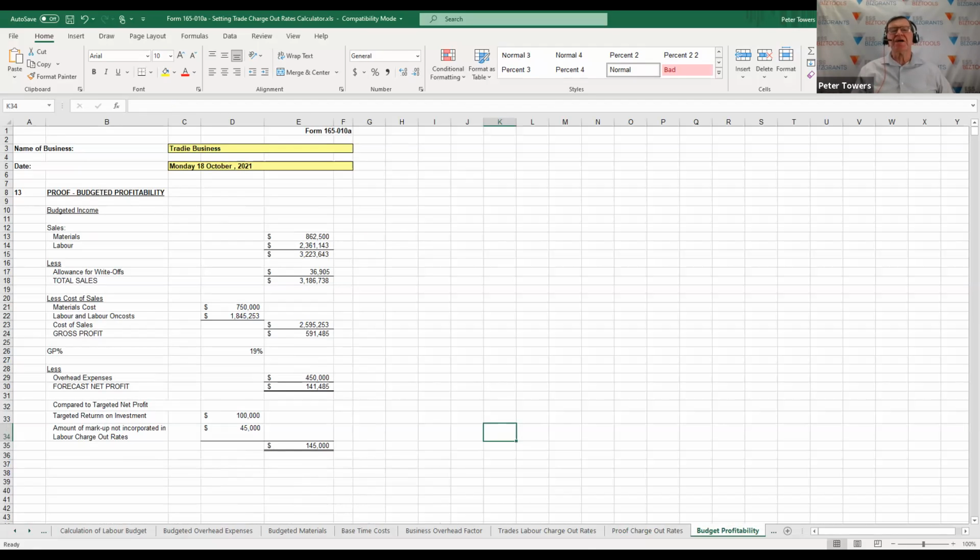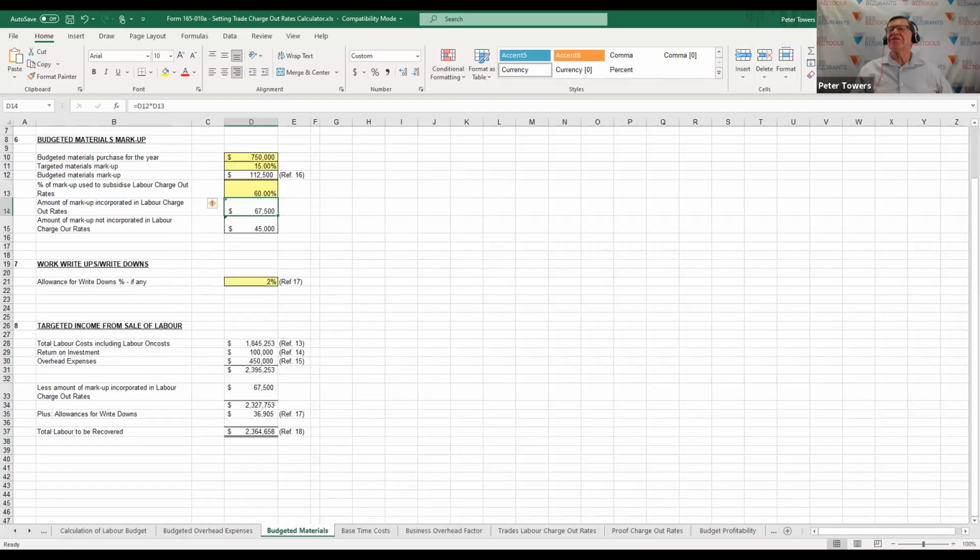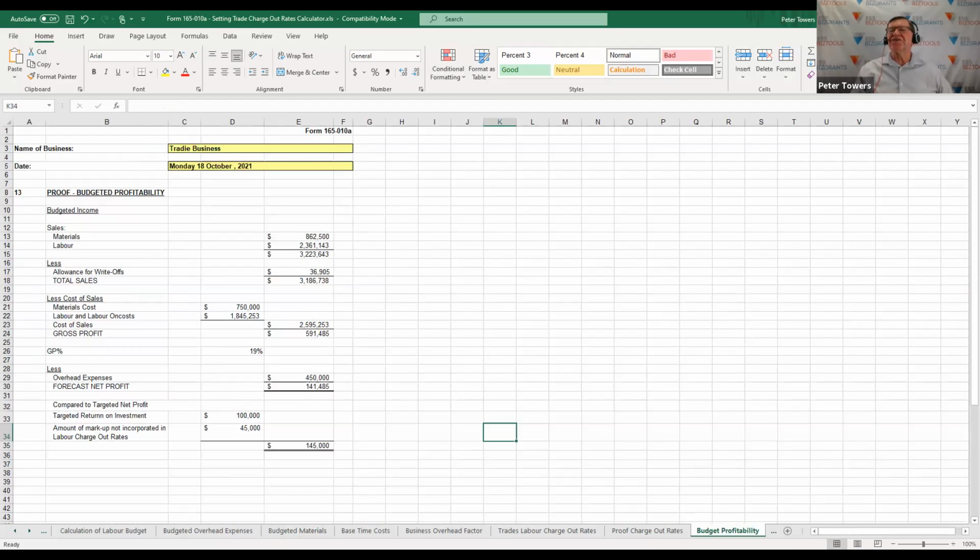Now the system will now produce the budgeted profitability. We've got sales of material of $862,500, which is the materials purchase of $750,000 plus the markup $112,000. So that's the 862.